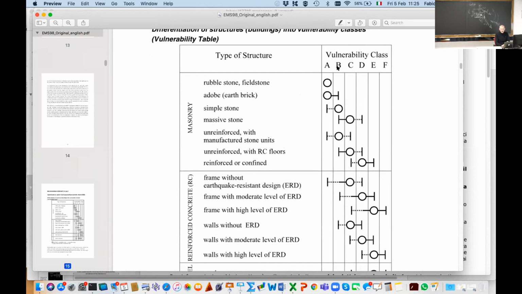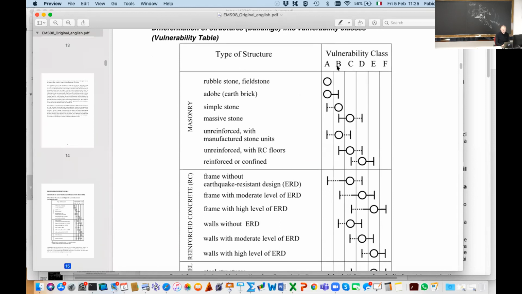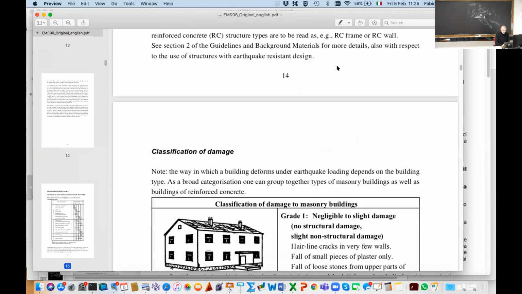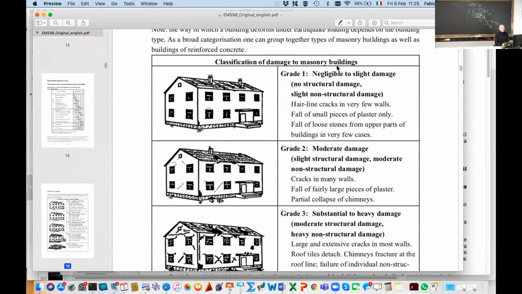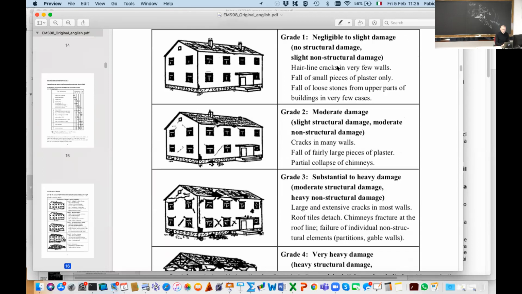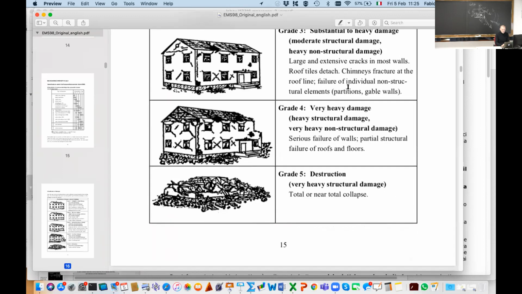And then according to the effect and the vulnerability class, the degree is assigned. You can see something like that here. So this is more work done by geologists, civil engineers and people studying history. So that's how to assign the grades for intensity in this case.